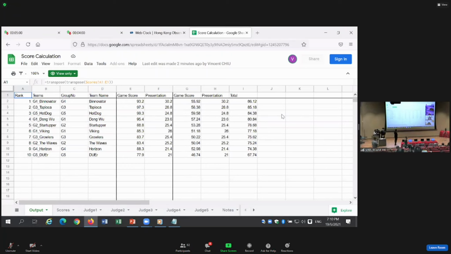Okay, so now it's time to review the final results. Our Hong Kong team innovator from HKUST is the champion of the MBS EKS competition 2021 today. Okay, good job.